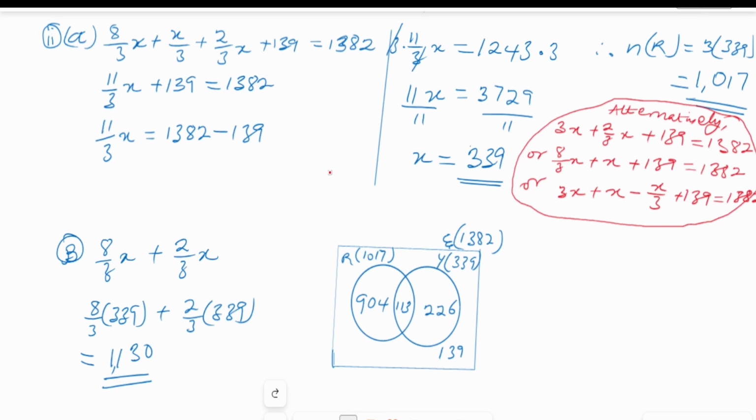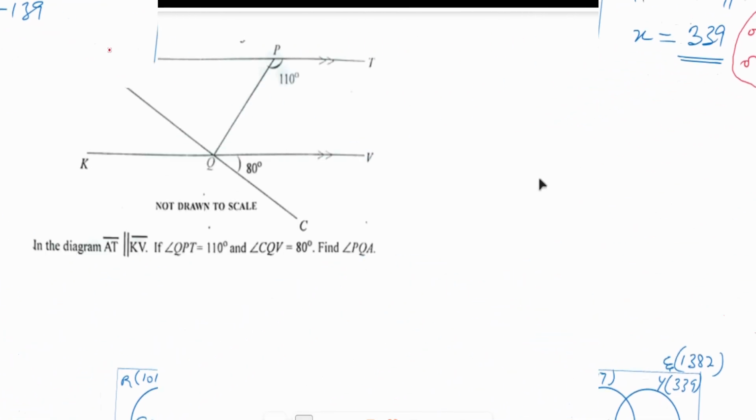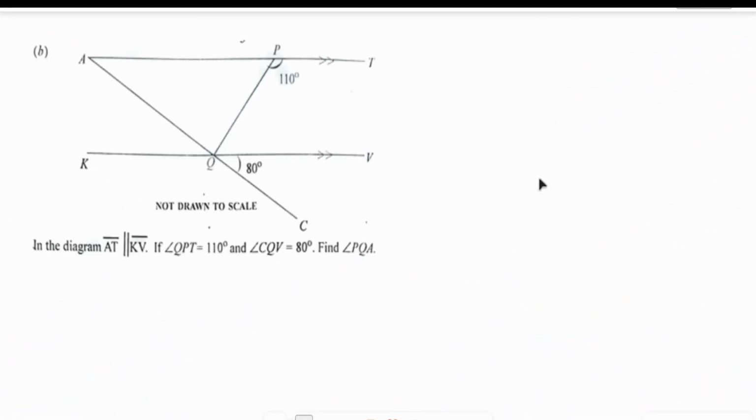Let's go to the B part quickly. The B part has a diagram that is not drawn to scale, and it reads that in the diagram, AT is parallel to KV. If angle QPT is 110 degrees and angle CQV equals 80 degrees, find angle PQA.